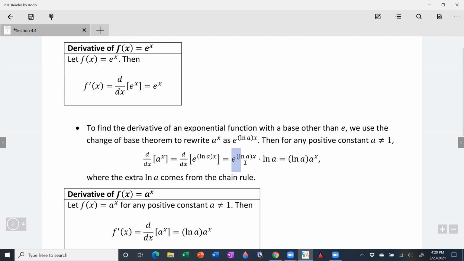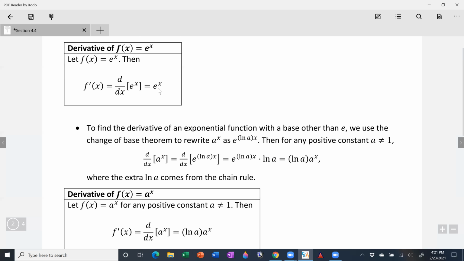So it's going to be itself times the derivative of u. The derivative of ln a times x is just a constant. If this was like 3x up there, then it would just be 3. So that comes from the chain rule, and then we usually just put the number in the front. Chain rule is very important to keep track of.